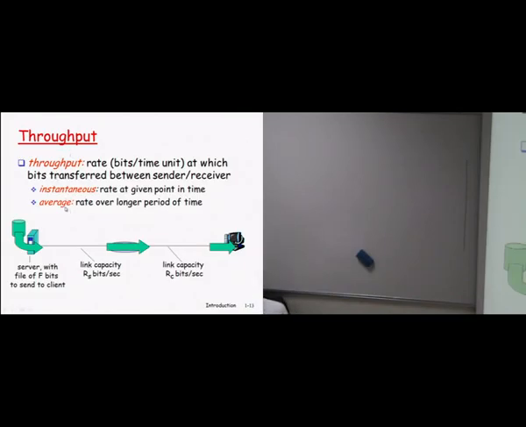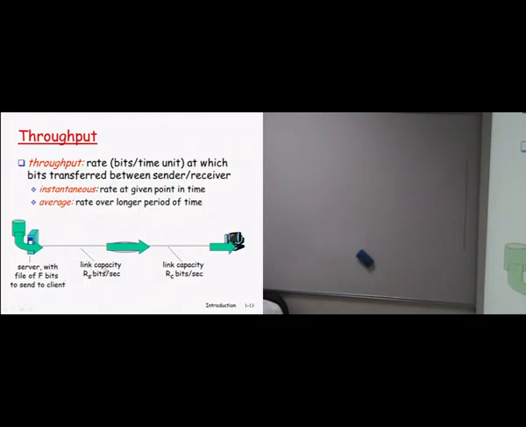Clear? So this is the server, with a file of F bits, and it is sent to the client, and the link capacity is Rs bits per second. This is the router, and this is another link with capacity Rc bits per second.